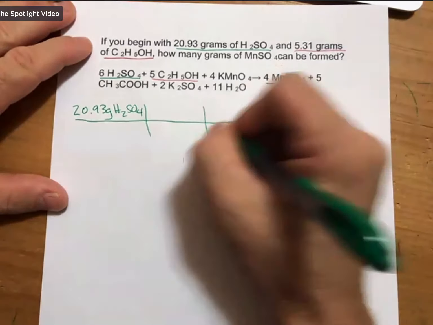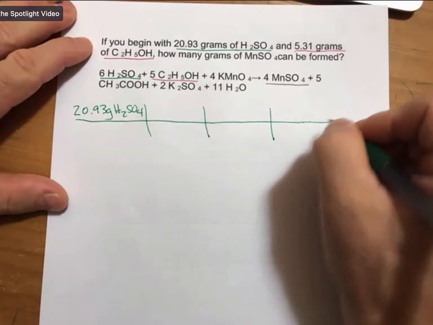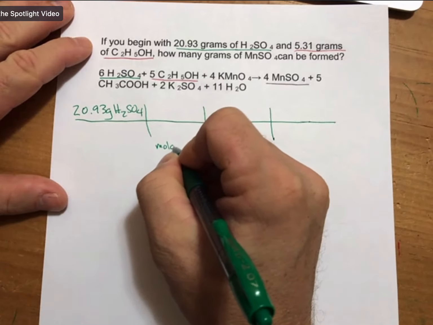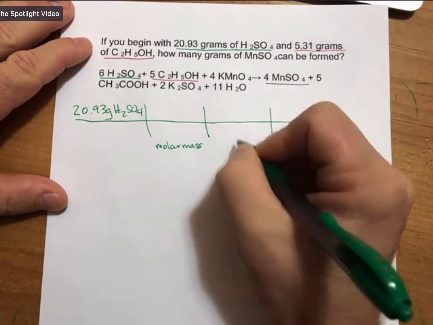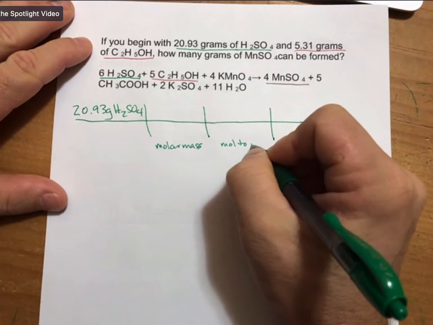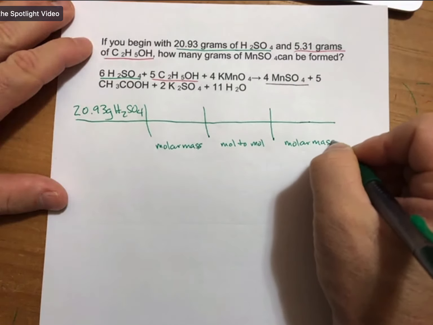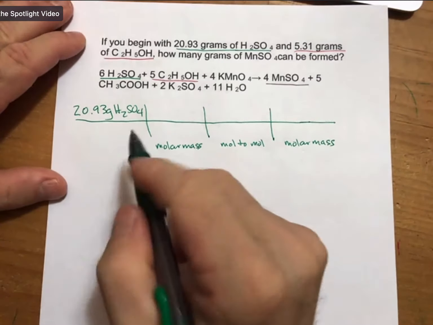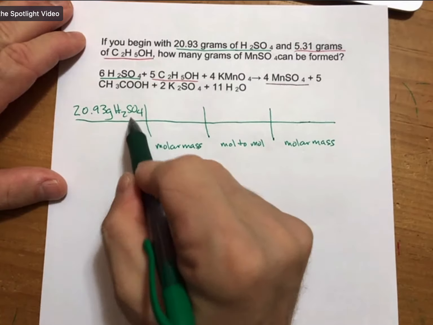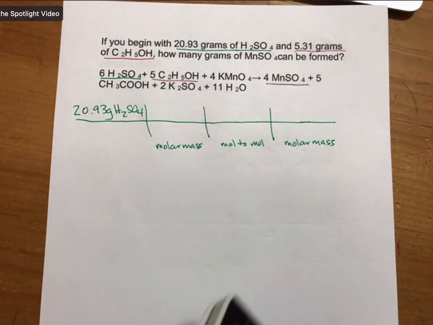And I can tell you exactly how this is going to work. There's going to be a molar mass, a mole to mole conversion, and then another molar mass. And the first molar mass has to be the molar mass of my sulfuric acid.